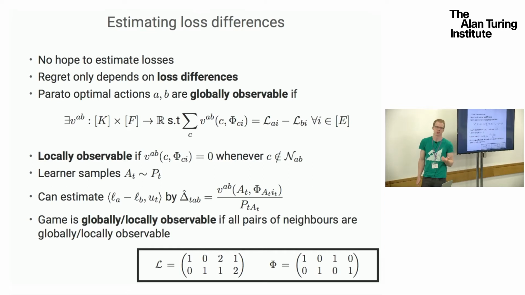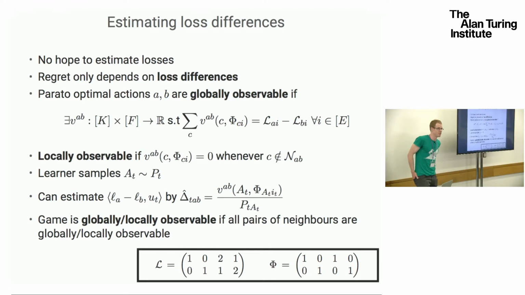Okay, so then we're saying it's locally observable. We can learn about this loss difference from just playing local games. Okay? And of course, we're going to say a game is globally or locally observable if all pairs of neighbors are globally or locally observable. So we want all pairs of neighbors to be locally observable for a local game. Okay.